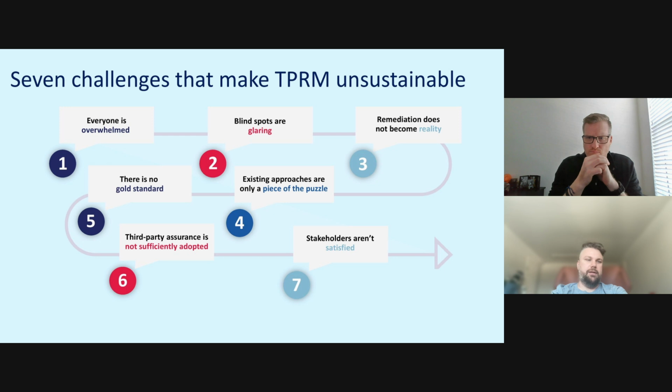Then classify your vendors along those dimensions, and let that produce your risk scoring.